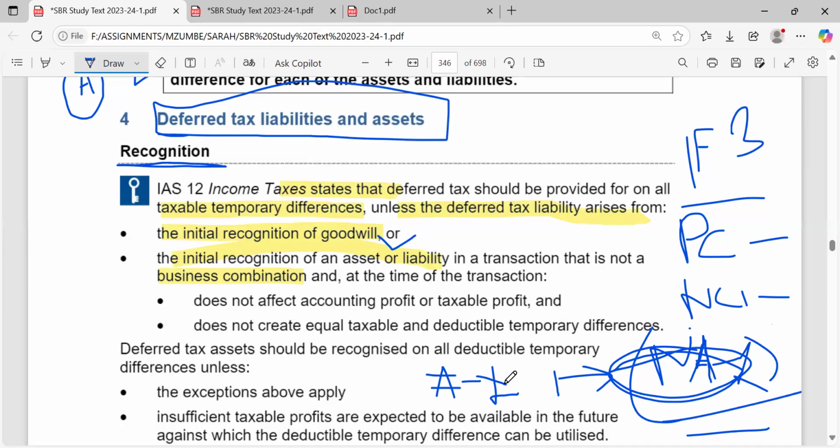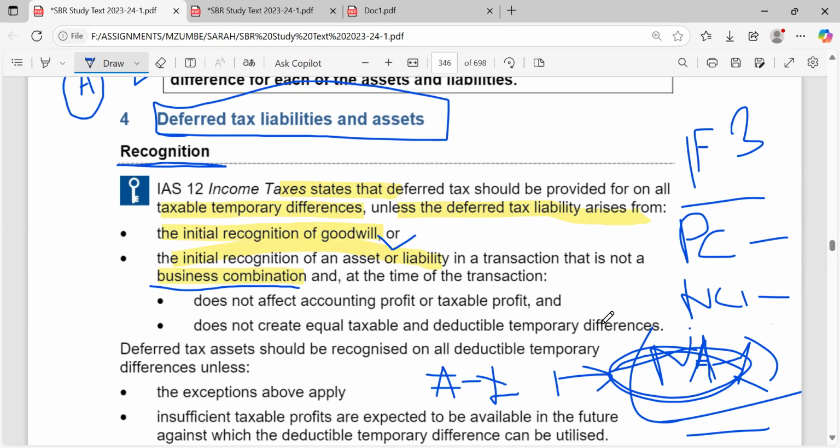So we are not going to consider them. That's why you're told you should only take an asset or liability in a transaction that is not a business combination, and at the time of transaction does not affect the accounting profit or taxable profit and does not create equal taxable and deductible temporary differences, right?